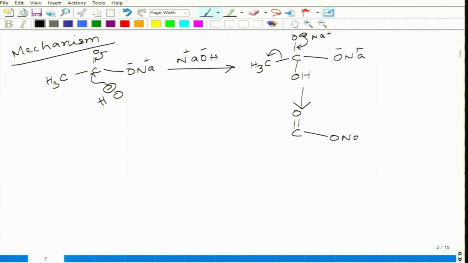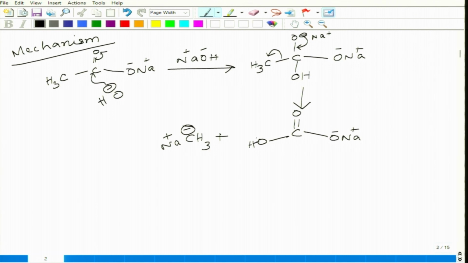On one side there is ONa and on another side there is OH. And what is liberated? When this bond breaks, a negative charge comes on the methyl. So, this becomes CH3 minus, and the corresponding sodium plus will be here.